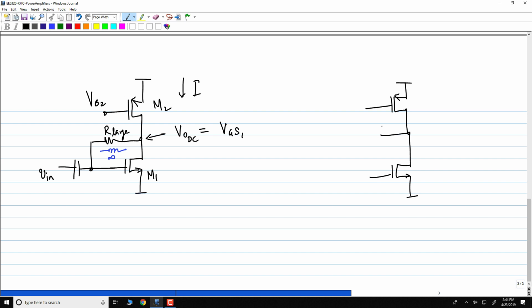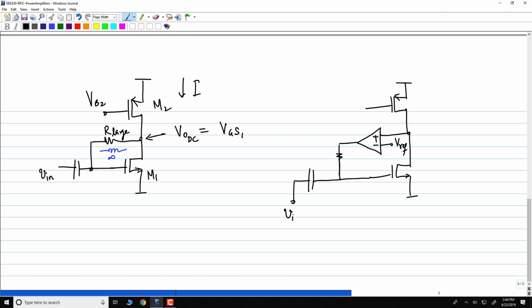So what I'm going to do, I could do something like this, but of course now I need to break the loop for the signal. I need to do this only for DC. So I might need to add a large resistor or an inductor here.